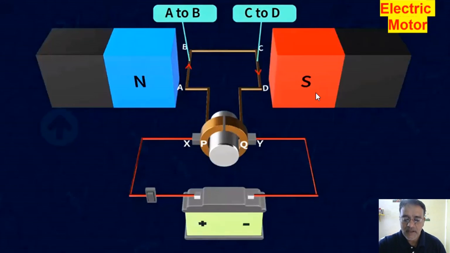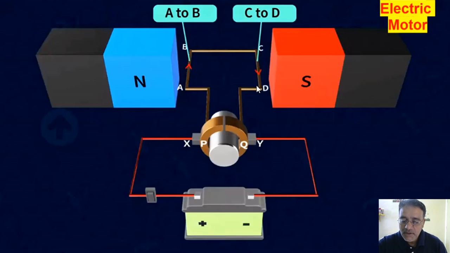In the side AB of the rectangular coil ABCD, the direction is from A to B, and in the side CD of the coil, the direction of current is C to D, which is opposite to the direction of the current in side AB.